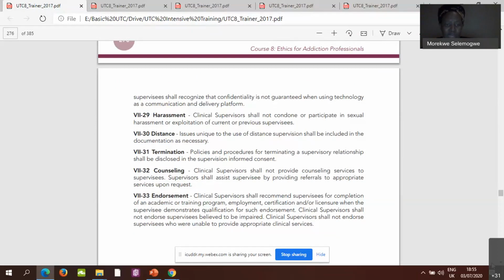The last one is endorsement. Clinical supervisors shall recommend supervisees for completion of an academic or training program, employment, or certification. This endorsement comes with responsibility. As a clinical supervisor, you do not endorse somebody for completion when you know that they have not attained the skills or displayed the knowledge that is required to complete.